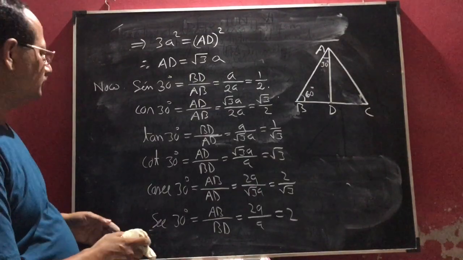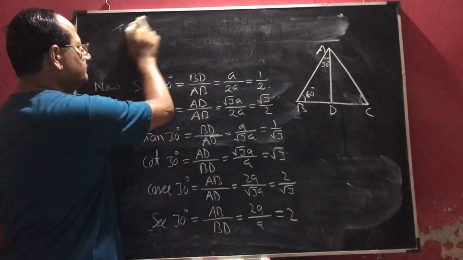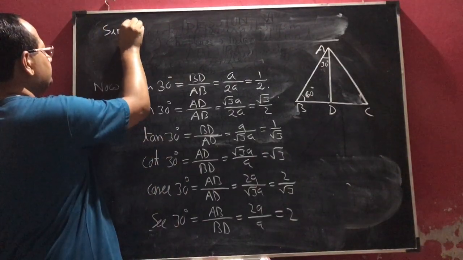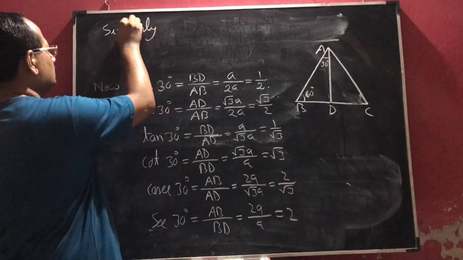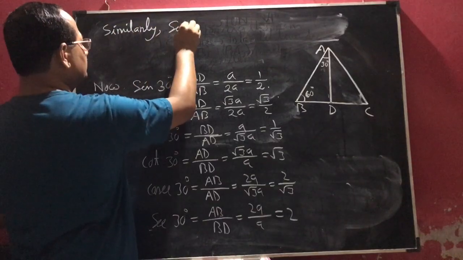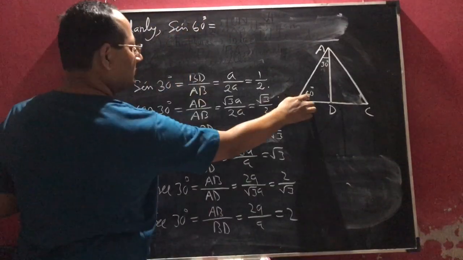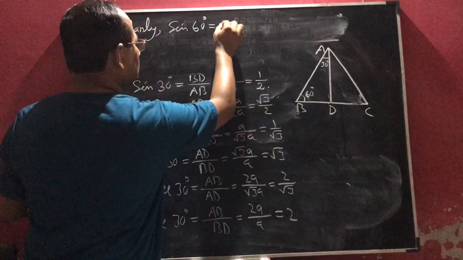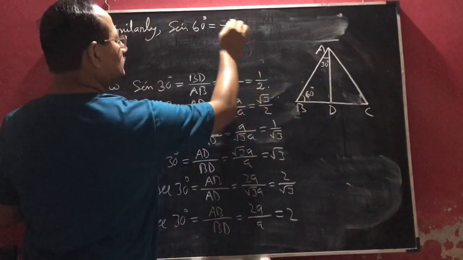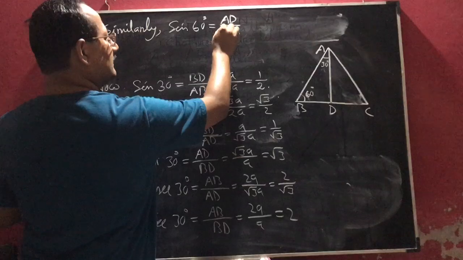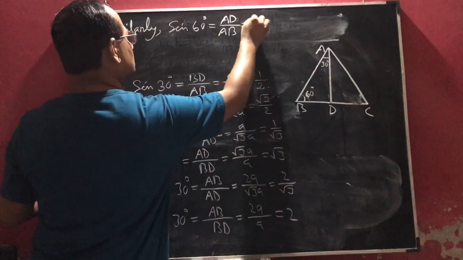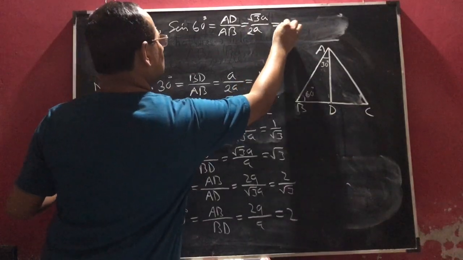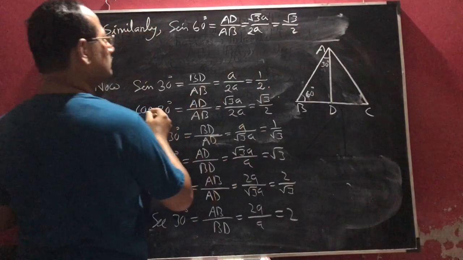And next, 60 degree angle. Similarly, in triangle ABD, for this angle, sine of 60 is the opposite side by hypotenuse, AD by AB. AD is root 3 a by twice a, that is equal to root 3 by 2.